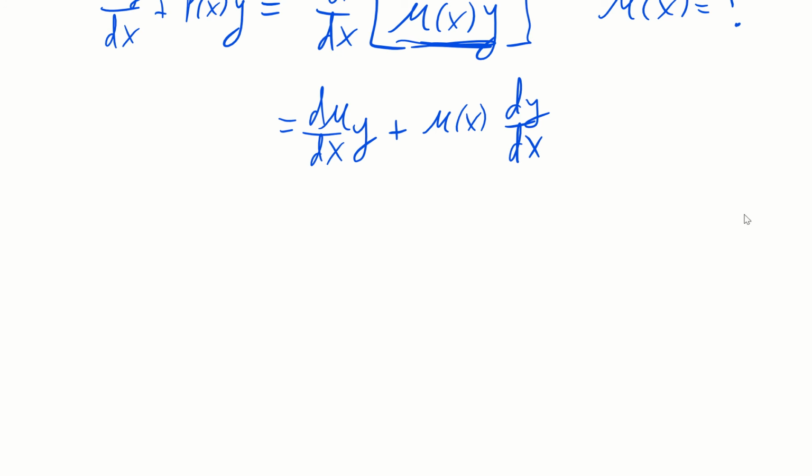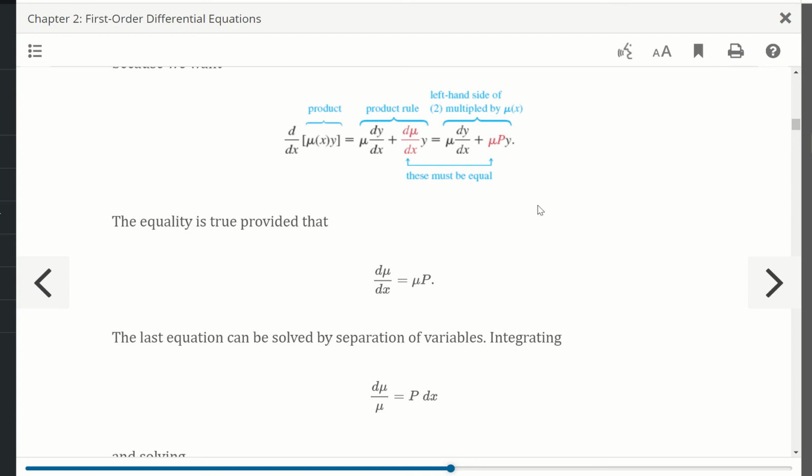And now we're going to go ahead and compare what we have. What we're hoping for, if we compare these, is that the coefficient we have on our y term should be something like mu times p.